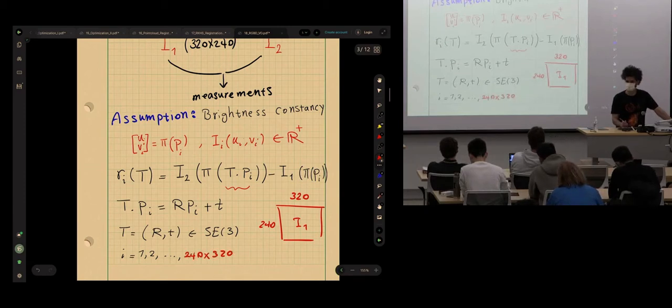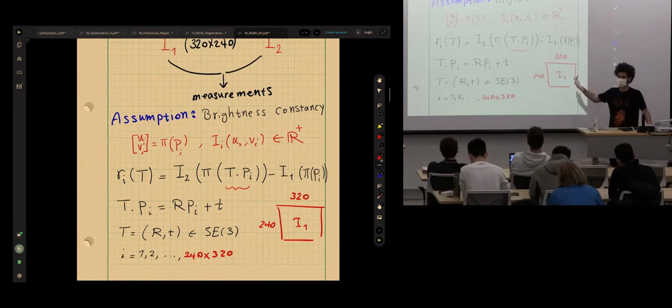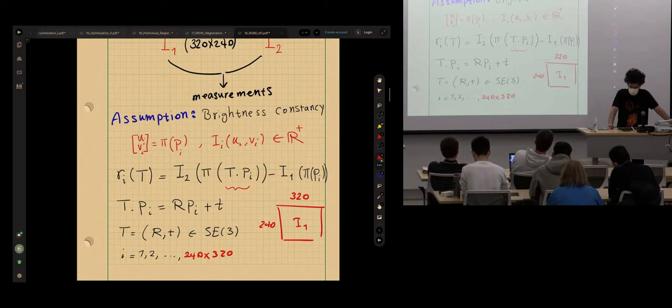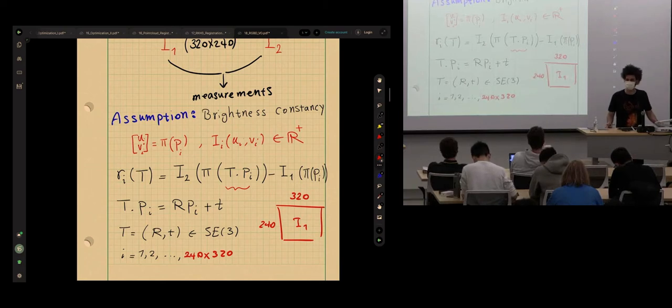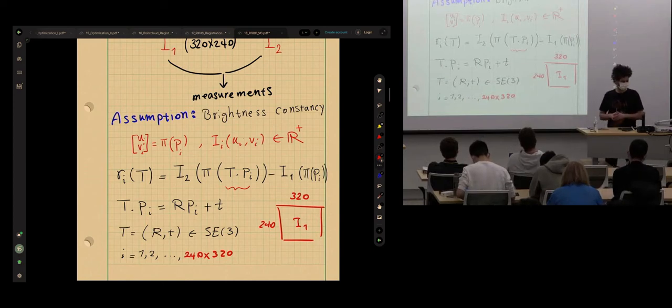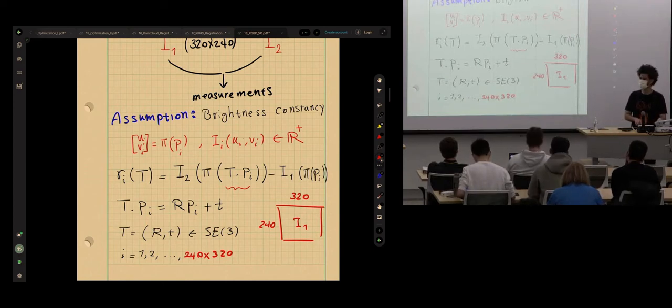You're probably better than me in arithmetic. Multiply them and see what you get. More than 600,000, right? So the vector of residual is super long. It's unbelievably long if you want to use all images. If it's an HD image, what is it, 1080 times 700 something? New TVs are 8K.